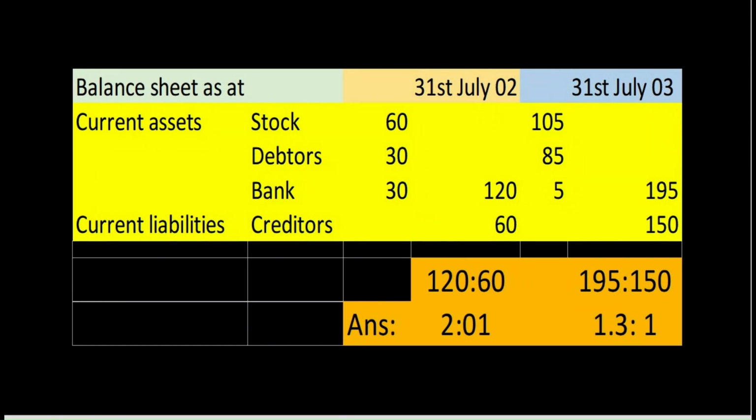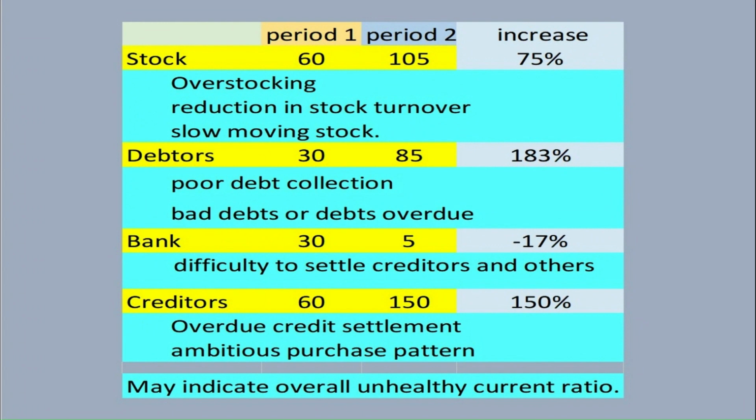Now let's look at the second part of the question. Stock has increased by 75% from period 1 to period 2. May refer to overstocking, reduction in stock turnover, slow-moving stock, more funds engaged in less liquid assets.